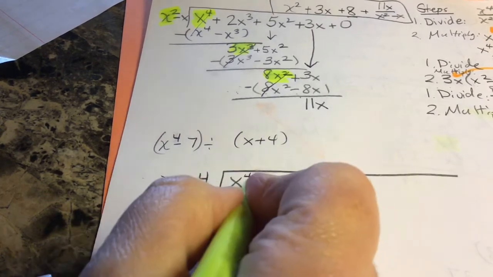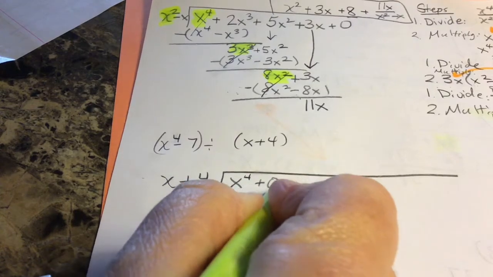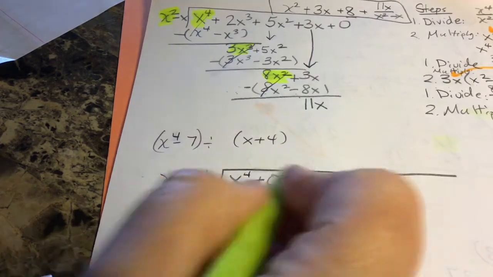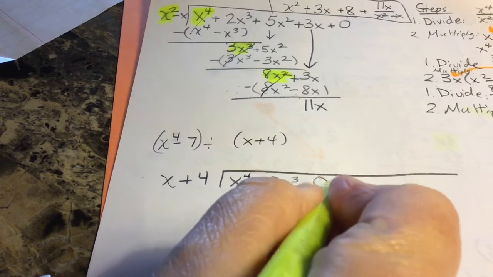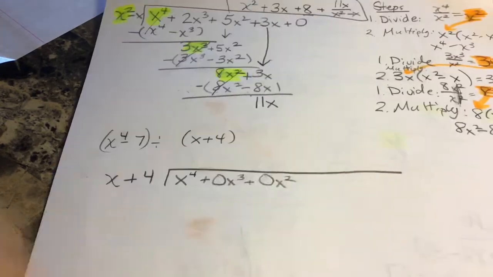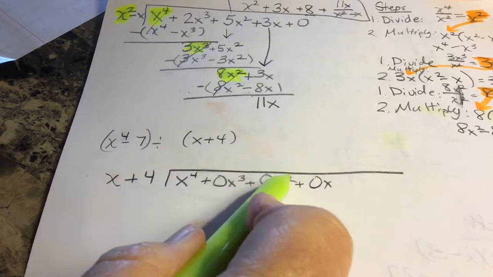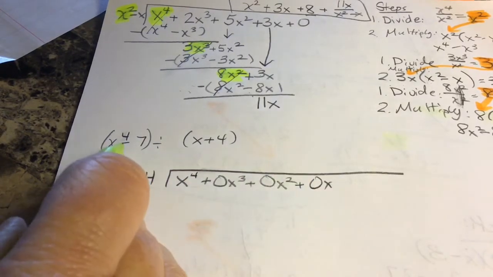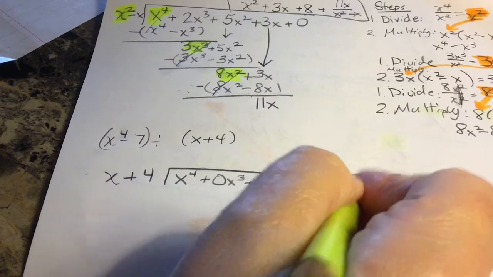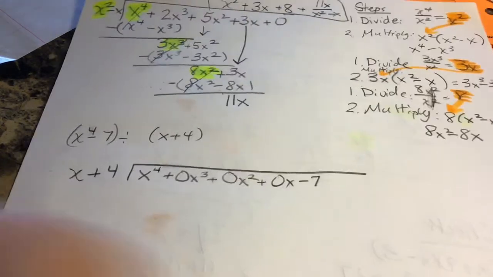So x to the 4th plus 0x to the 3rd plus 0x to the 2nd plus 0x, and then my constant is negative 7. And then you would do long division.